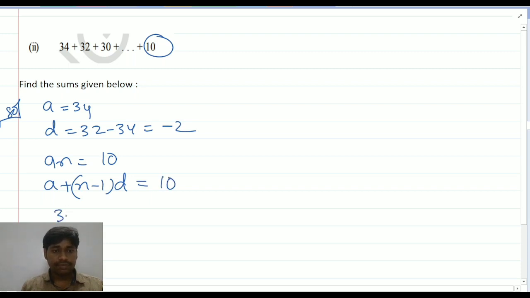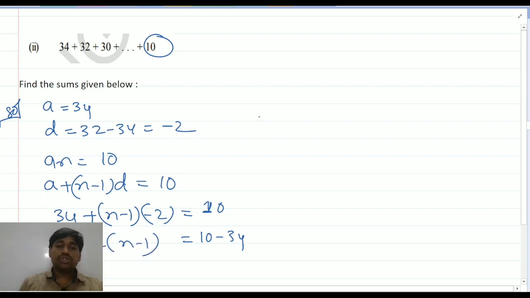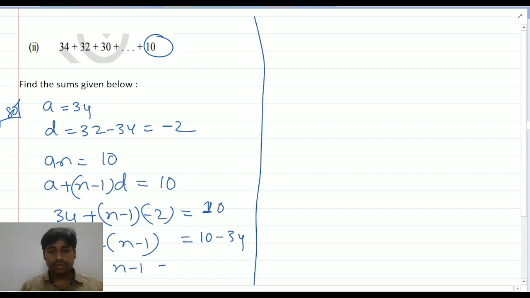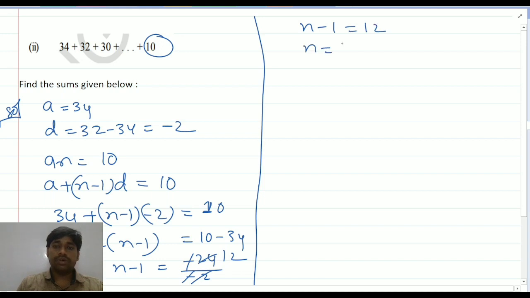Then A is 34 plus n minus 1 into common difference minus 2 is equal to 10. 34 transfer to that side. 10 minus 34 becomes minus 24, which is minus 2 into n minus 1. N minus 1 is equal to minus 24 by minus 2. Minus minus gets cancelled. It becomes 12. So n minus 1 is 12. Then n is equal to 13. So n we got 13.